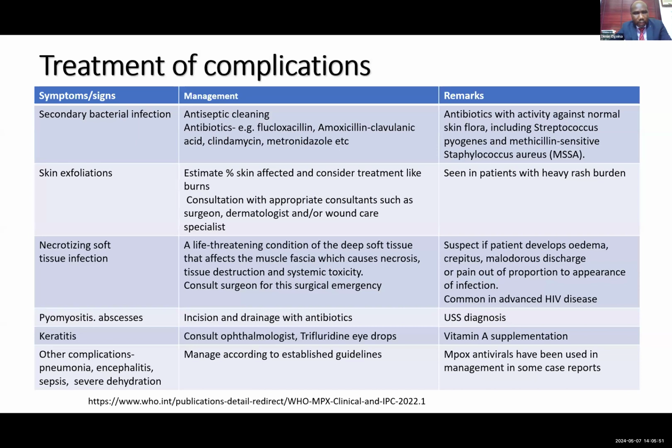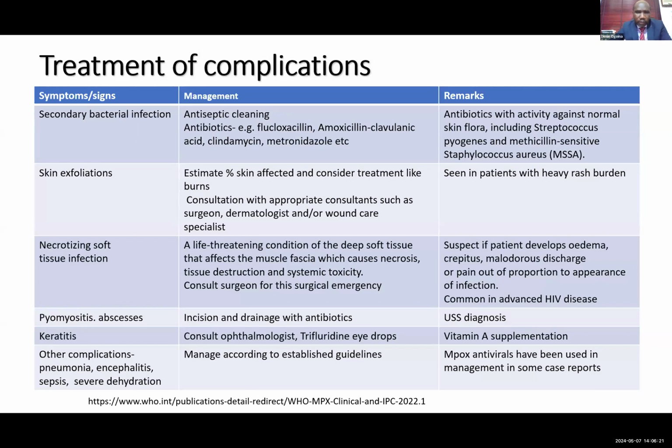Pyomyositis and abscesses are common, and when you see an abscess, we have had several such cases, and we have had cause to drain such abscesses. Keratitis, you require the consult of an ophthalmologist. Of course, there's an eye drop that has been useful in other viral infections that has also been recommended. In the absence of clinical efficacy trials, case reports have shown that this can be useful for some patients.